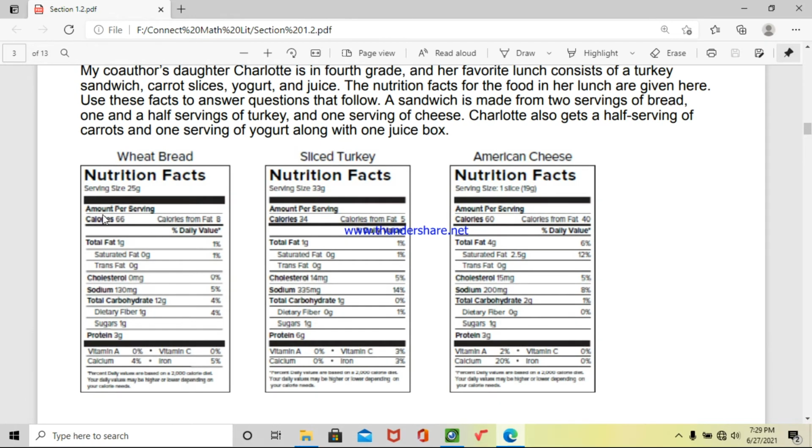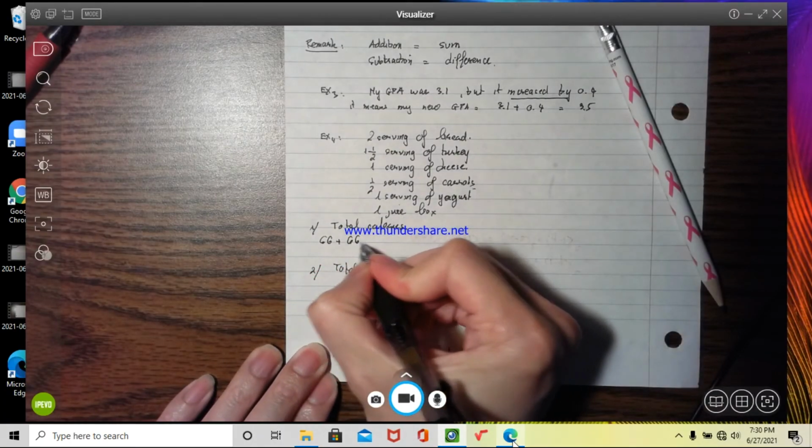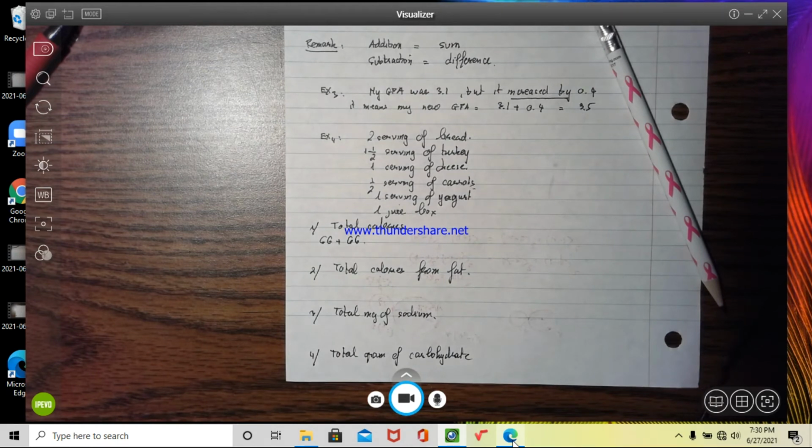So the total calorie is 66 for 1 serving of bread. But 2 servings will be 66 plus 66, right? So we just write down 66 plus 66, because it's 2 servings. 1 serving is 66 calories, but there's 2 servings, so 66 plus 66.